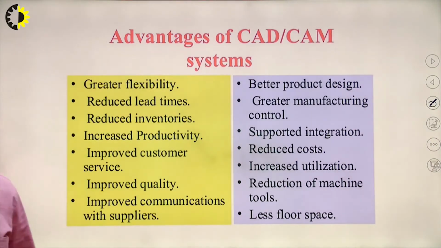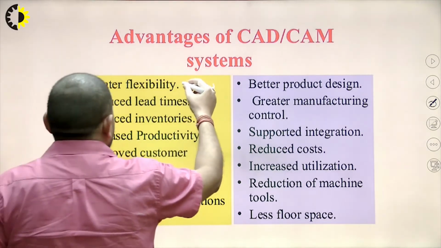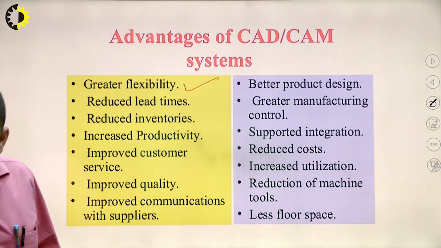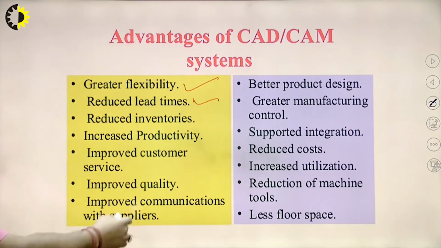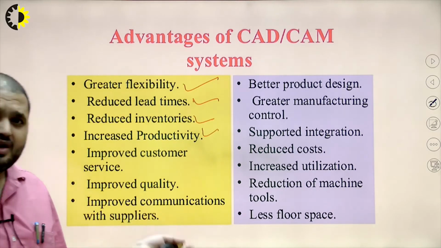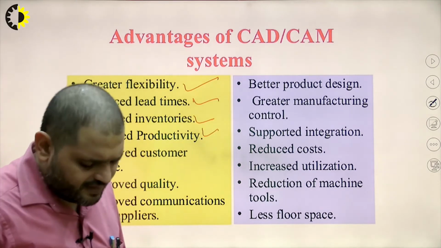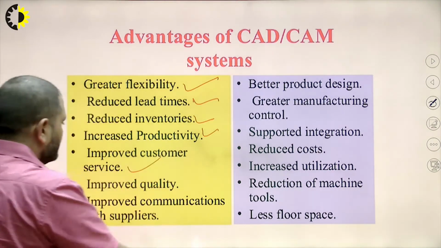Next, advantages of CAD/CAM system. Greater flexibility, reduced lead times, reduced inventories, increased productivity, improved customer service, as all the points are self-descriptive, so I am not going into detail.